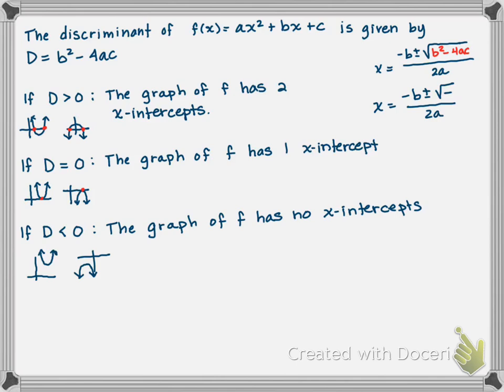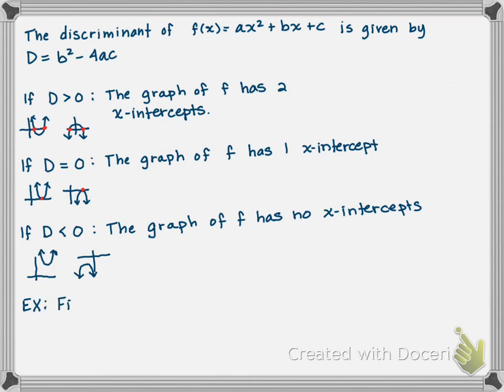So we don't actually have to find the solutions in order to figure out how many x-intercepts we're going to have. We just have to find the discriminant. So let's do one example of this.